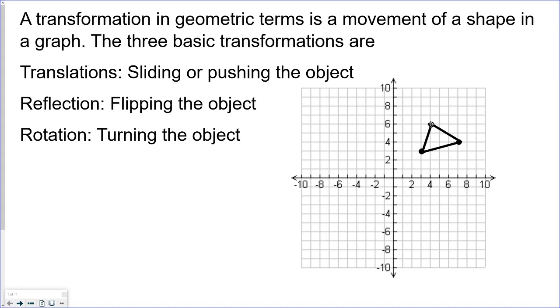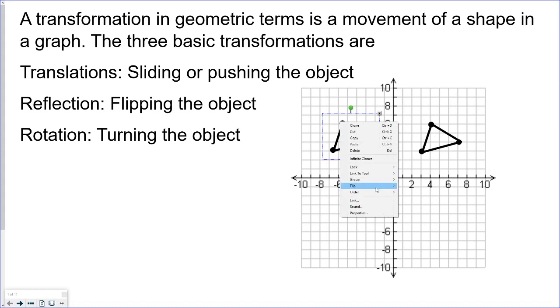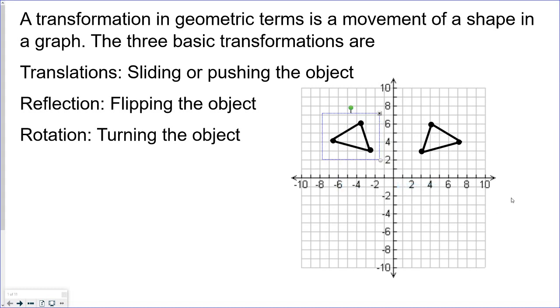So it looks something like this. And if I go here and flip it, that would be a reflection. It would be flipped from one side to the other. So it's not really a push or slide, and the reason is, as you can see, this point here would link up with this point here.